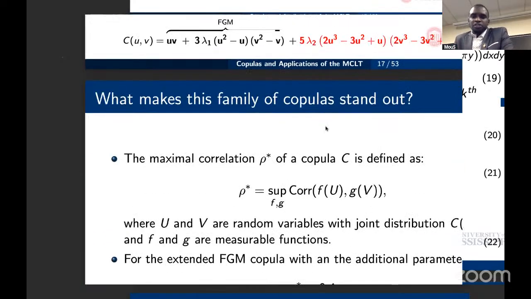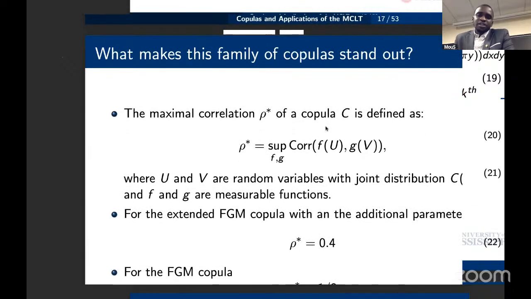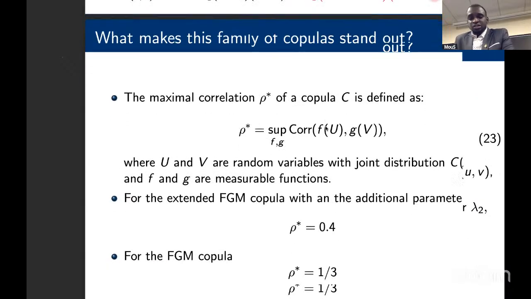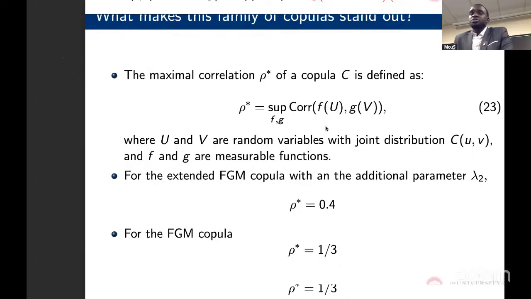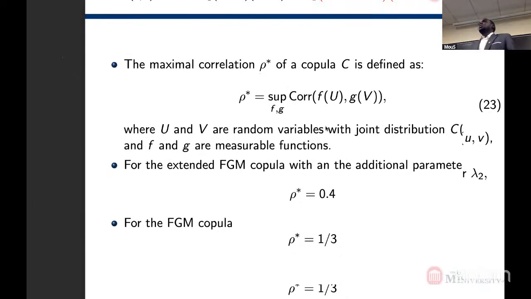The importance of these copula families, why they stand out, is because of one reason. There are several others, but here I will present the one that is related to the maximal correlation coefficient rho star, which is a way to measure how well a copula can describe a dependence. The more it is lower, the more we have a copula that describes more extreme dependencies.